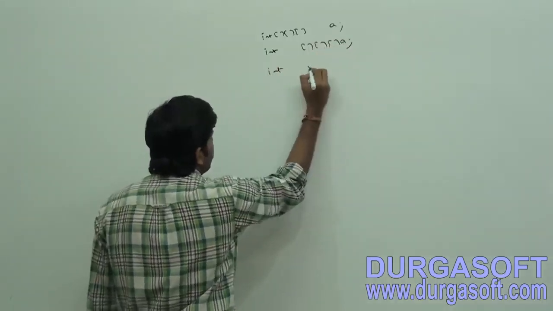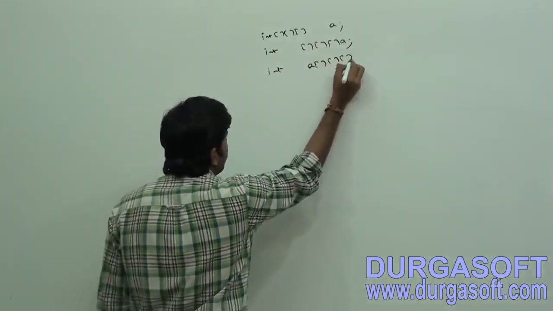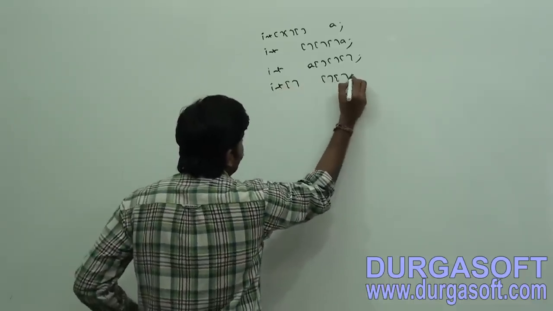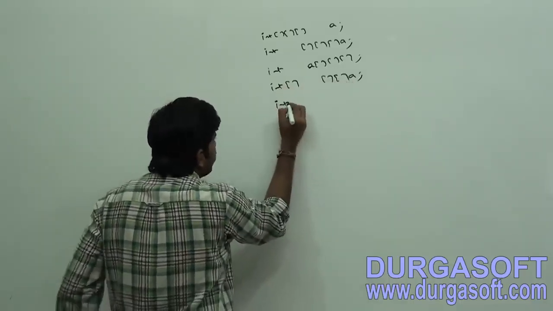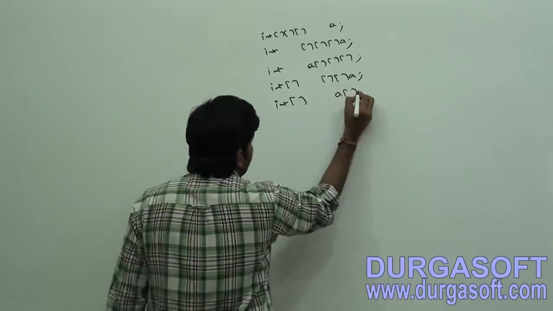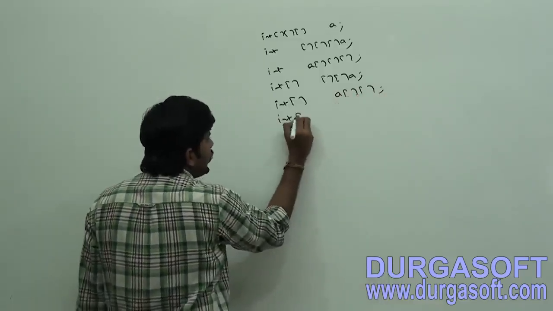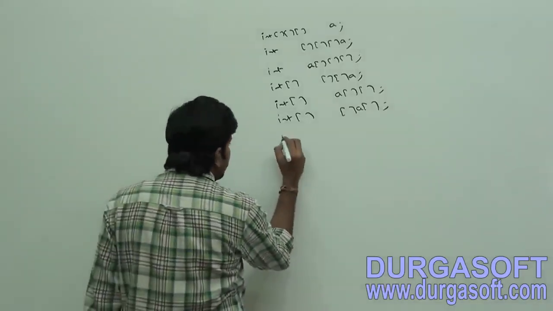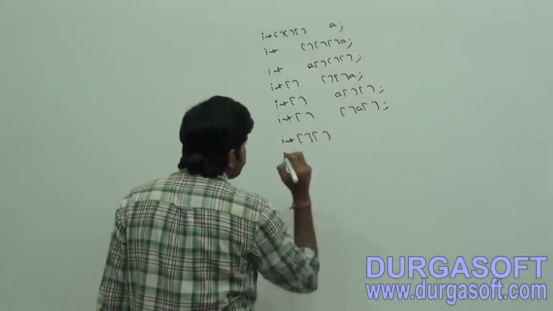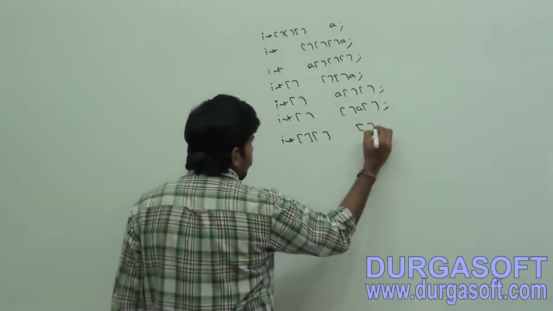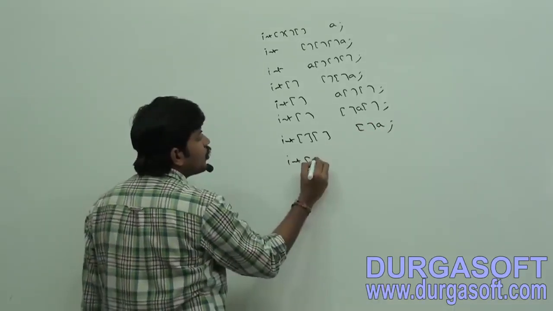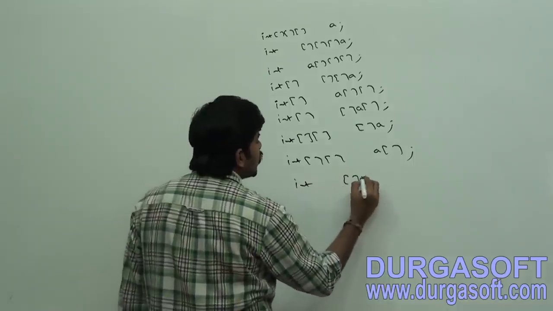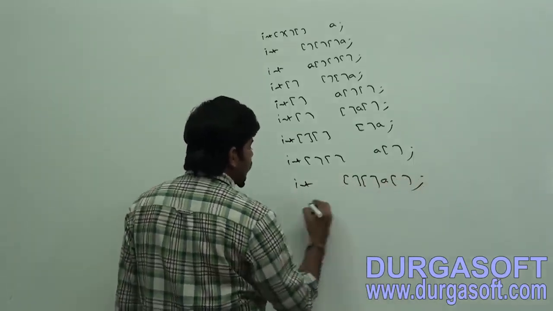Valid. Next, int 1, 2, 3 like this. Next, int one dimension, and then like this, valid. Int one dimension here, one dimension here, one dimension here, valid. Int two dimension here, one dimension here, valid.